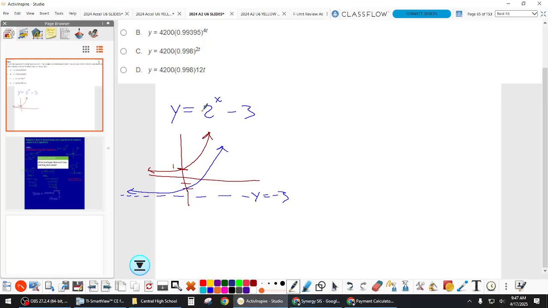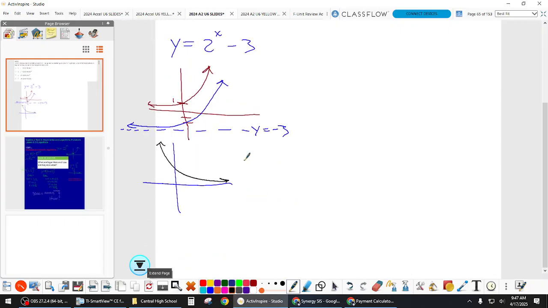How would we make this, instead of going up, how would we make it do something like that? So like 0.8 or something, right? Yeah. Decay function would make it drop and lose value instead of increase or gain value. All right. And then same thing, we can move the asymptote around with that.